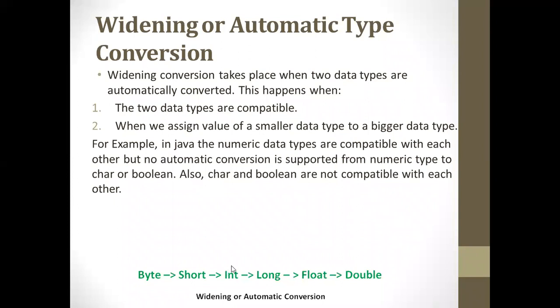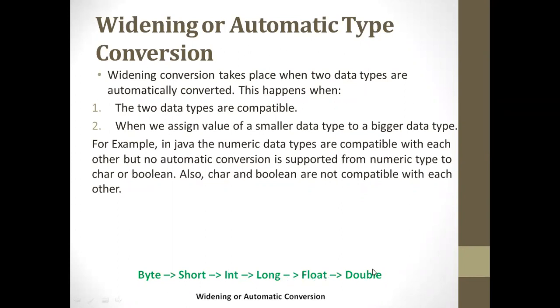Now, this is the series that is followed in the case of widening, or automatic type conversion. Like byte can be automatically converted to short, then int, long, float, and double.